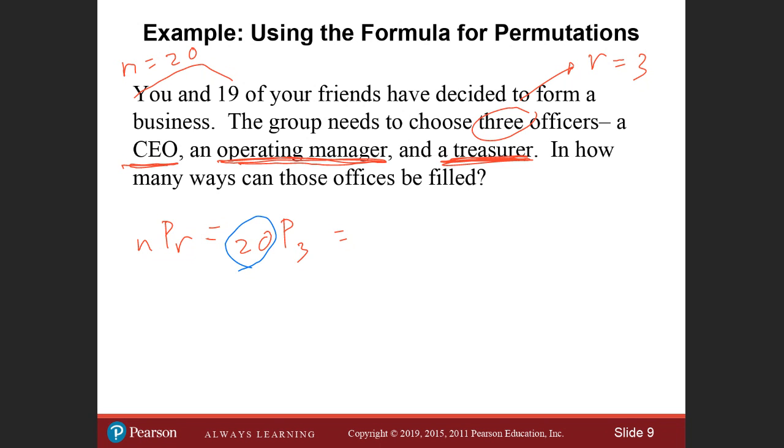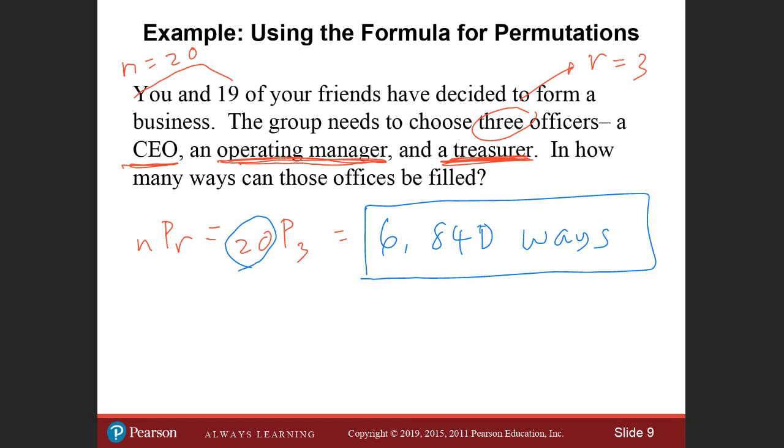That's the second one. Press enter, and then press 3, and hit enter again. It will give you 6,840 ways. And that's the answer. Again, 6,840 ways.